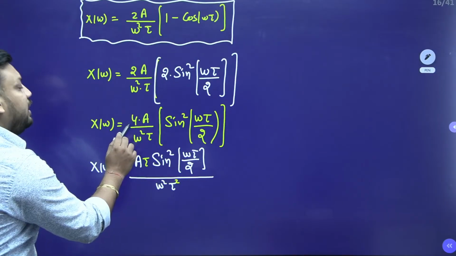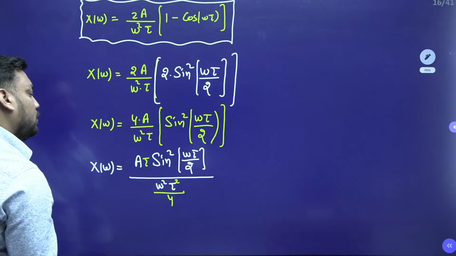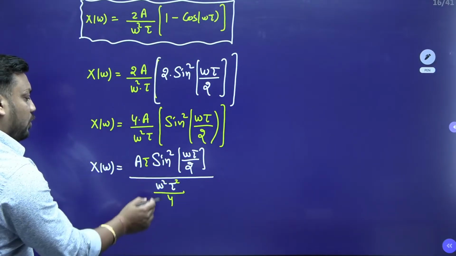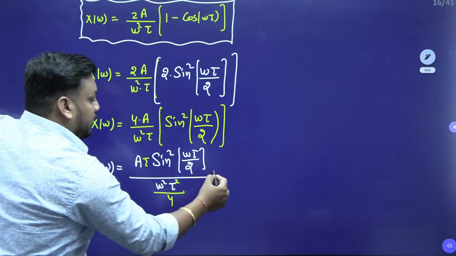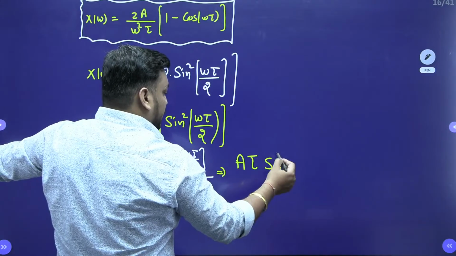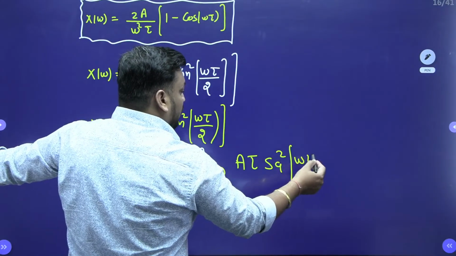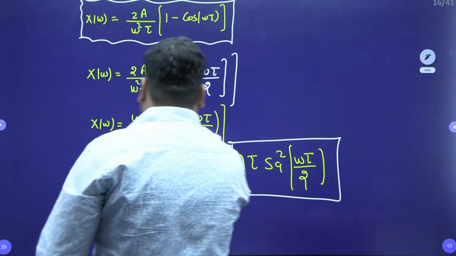And this 4 in the numerator, I am writing 1 by 4 in the denominator. So now omega square is covered, tau square is covered, 4 is covered, A is already covered and tau is multiplied. So now I can write, students, A tau sampling square of omega tau by 2. This is my final result that you need to remember in a box.